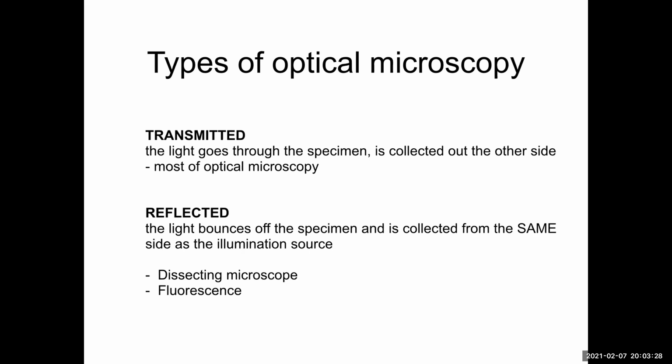So the light bounces off the specimen and is collected from the same side as the source of illumination, the source of light. That includes a dissecting microscope and, of course, our favorite technique, fluorescence. So a dissecting microscope is basically just bright field with a large field of view and a large working distance. Basically, you can put big things under there and use them to, yes, dissect them or just enjoy them.